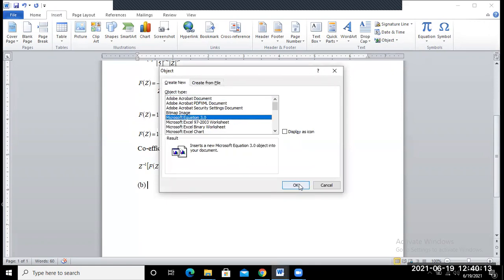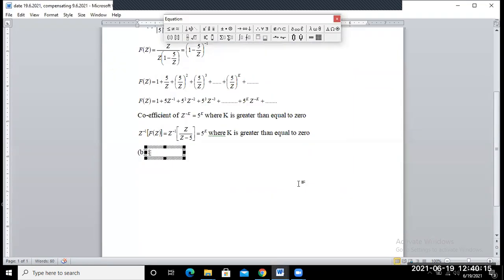So just try to find the inverse of the z transform for this condition.